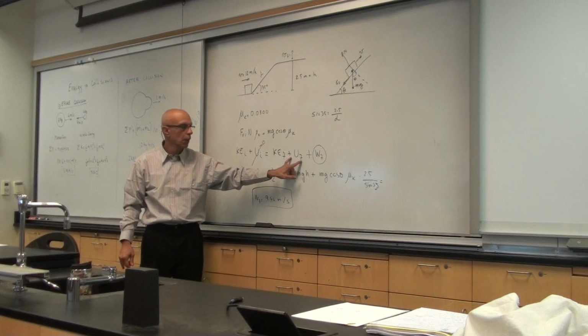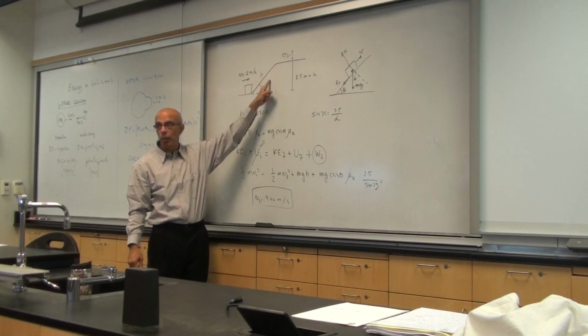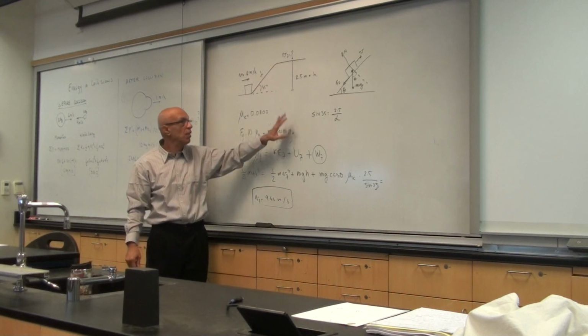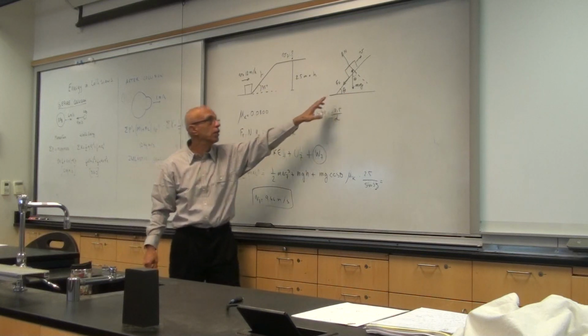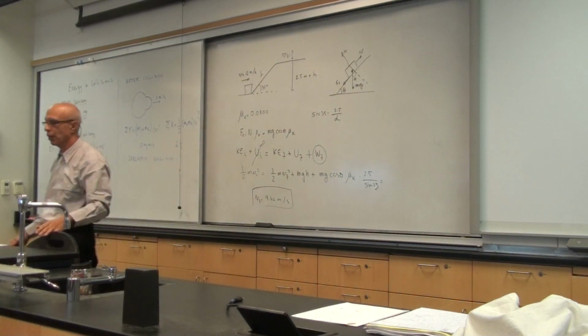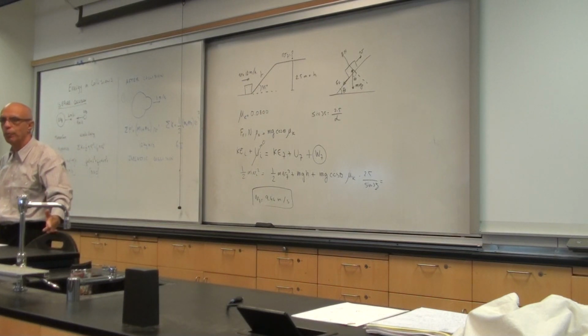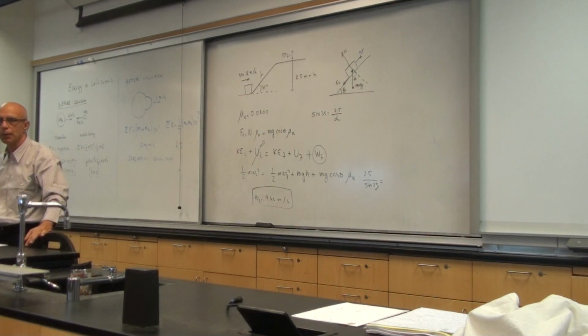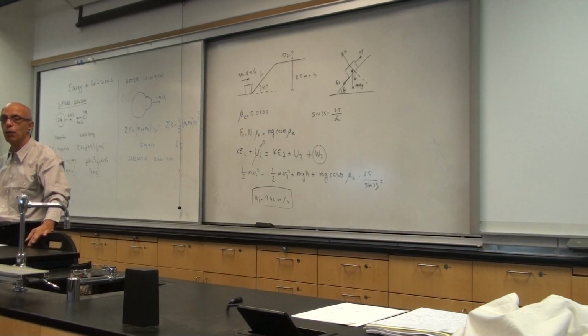Now, this problem has a force that is not conservative, that does not depend on position. Friction does not depend on the position, right? And friction you cannot recover. The work done by friction is lost in heat, lost in sound.